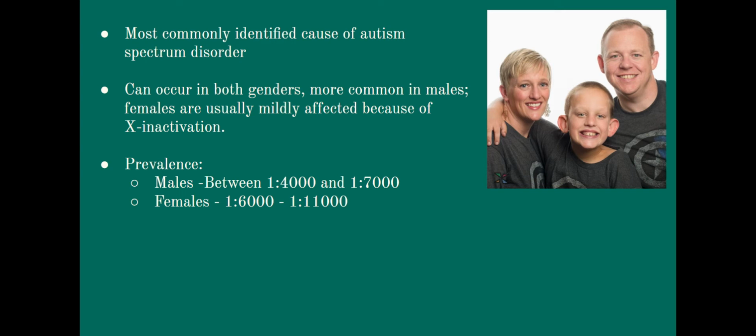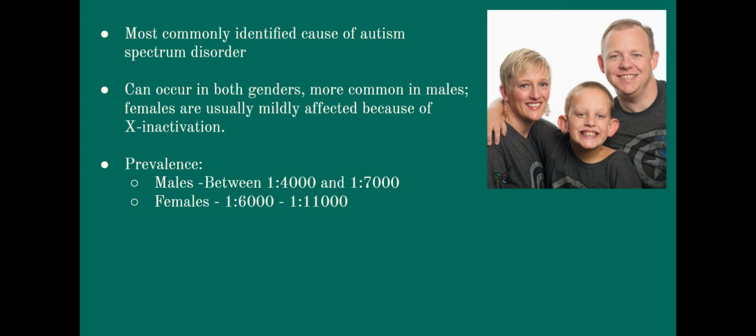So when females do inherit this disorder, very often what you'll see is a much milder expression. Instead of severe intellectual disability and autism, they're getting learning disabilities and social anxiety. Because in any given cell, there's only a 50-50 chance that that trait is expressing itself, so the consequences of it are less severe.